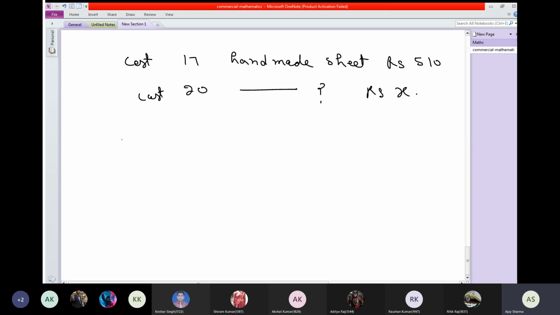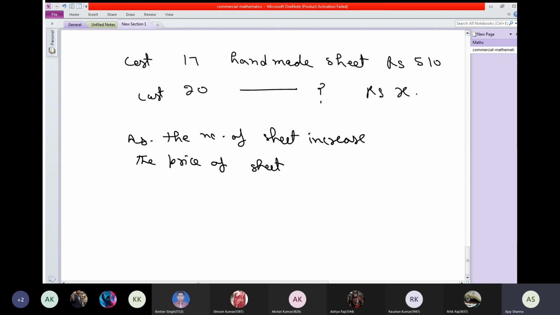So you have to write: as the number of handmade sheets increases, the price of sheets also increases.